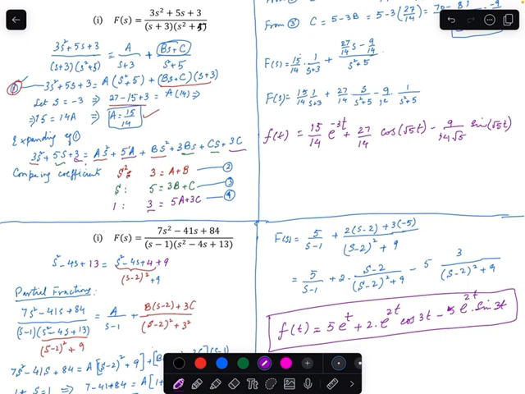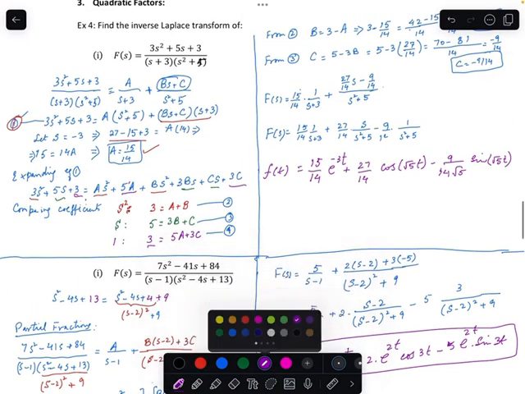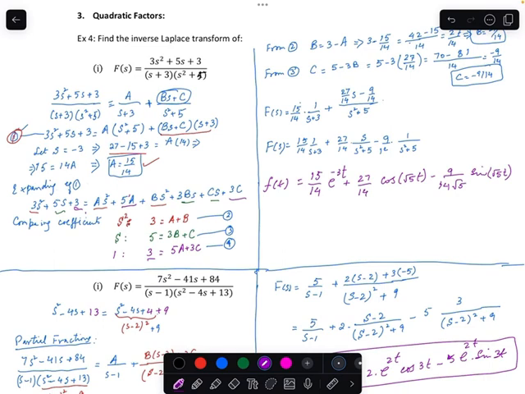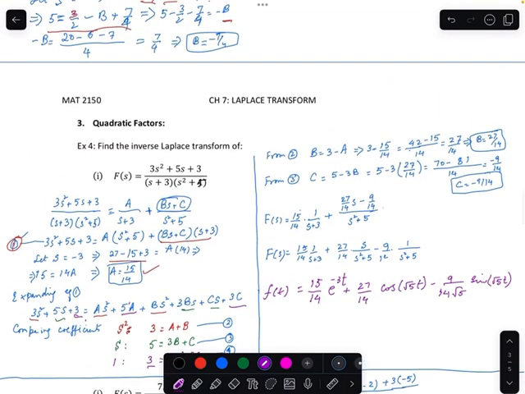Now we already know the value of A, so from number 2 we can get the value of B. From 2, B is equal to 3 minus A, just plug in, and I end up getting B equal to 27 over 14.